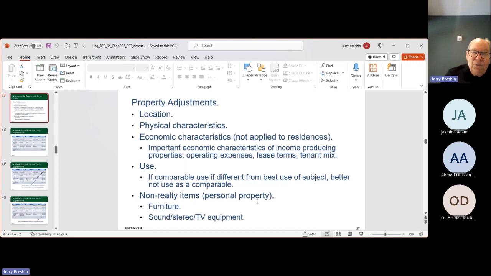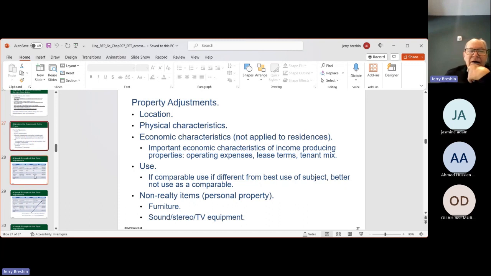Personal property, your personal possessions. Okay, as I said, furniture is usually included. If you were to move, you would take your stereo, you take your photos, you take a lot of your personal possessions. Remember, we talked about personal property, fixed property, things like that.